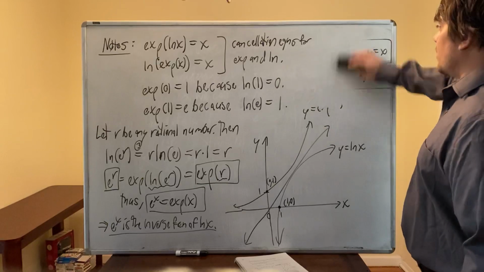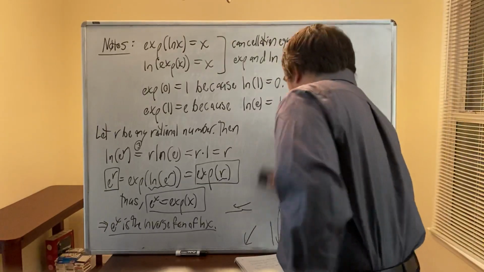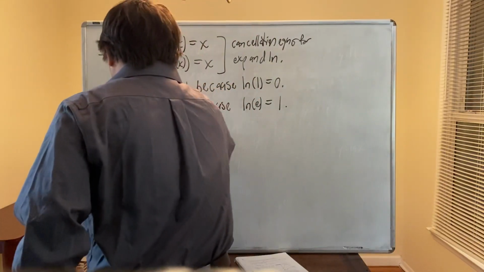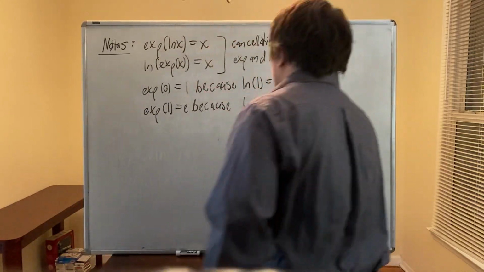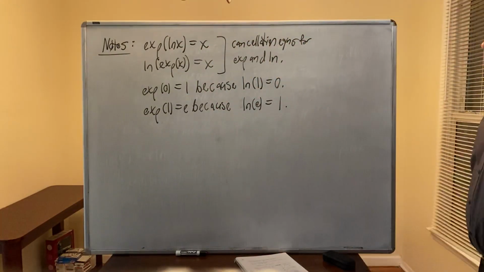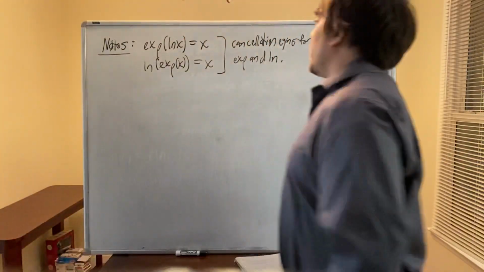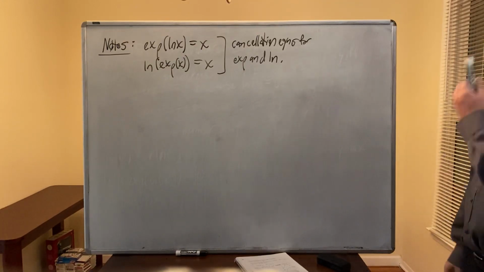Okay, so I'm going to erase this. So in the notes I put the cancellation equations for exp and ln.